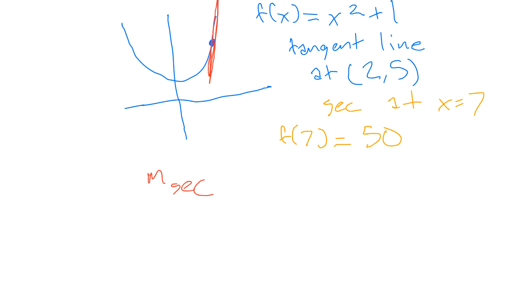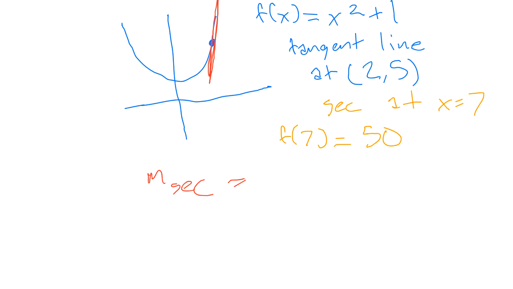That's going way, way up there. So now we have our secant line. So now we have our 2 points. We have our (2, 5) and then our (7, 50). So what we're going to do is our change in y.